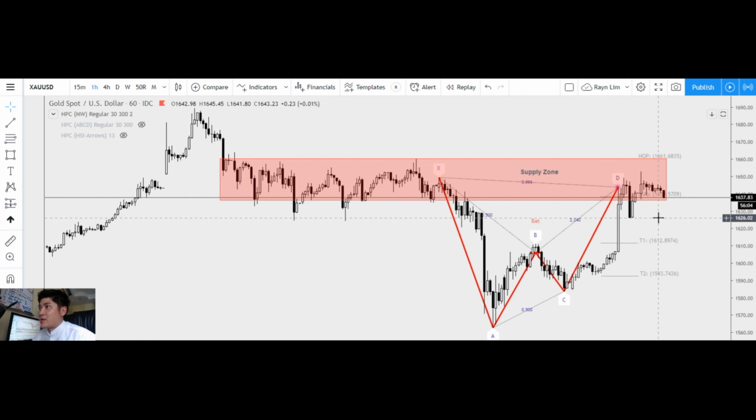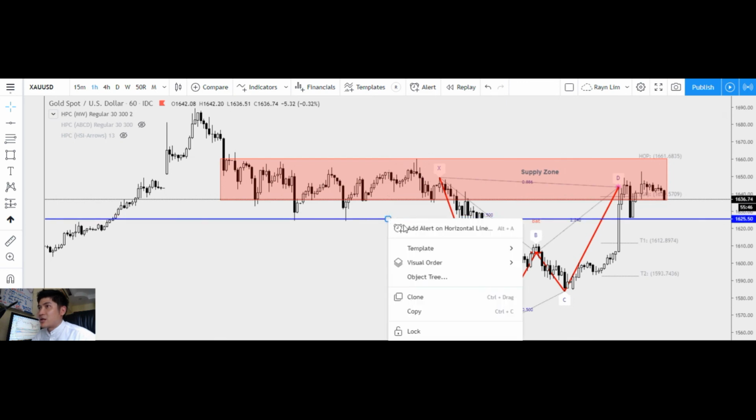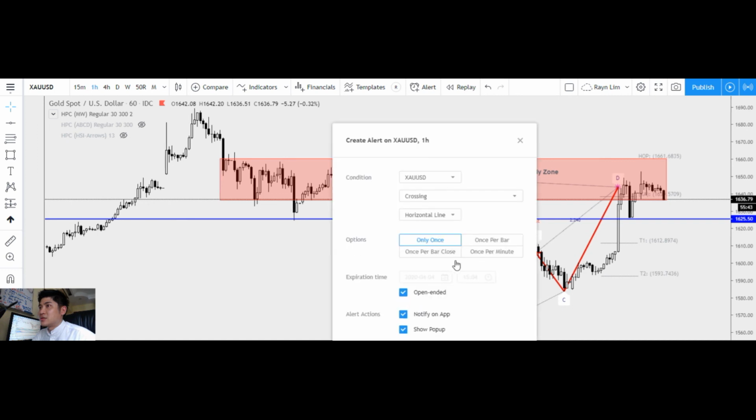Have I not told you that once this candle shows a bit further, right click, add alert, once per bar close. It's pretty amazing using horizontal lines and channels to help you with that.